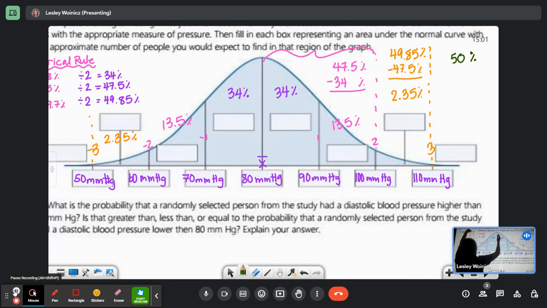So minus the 49.85. Which is 0.15%. So that's what that side is too.